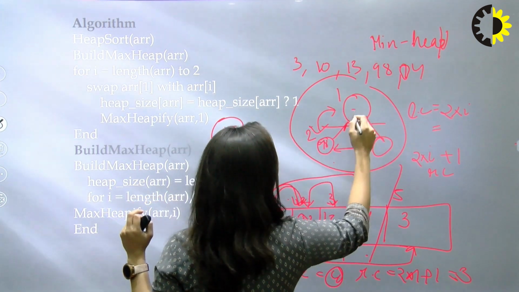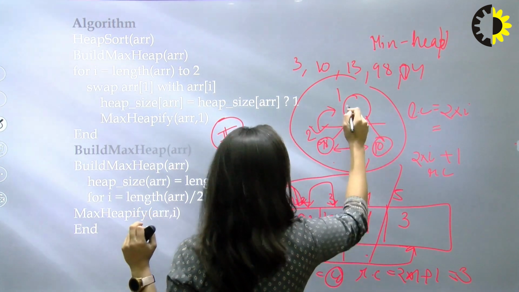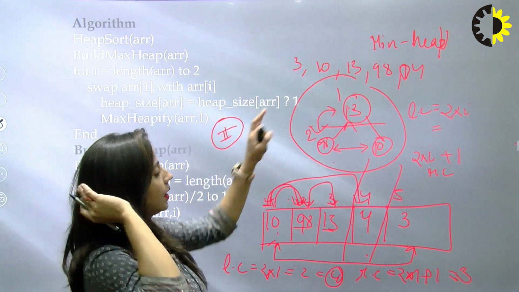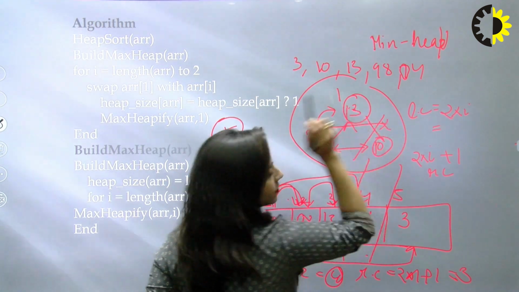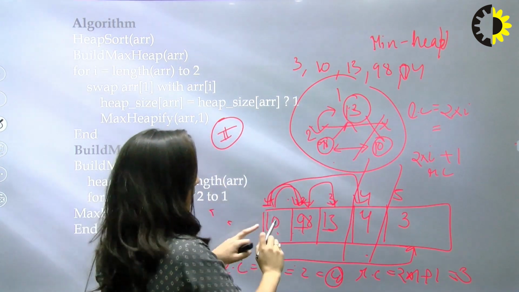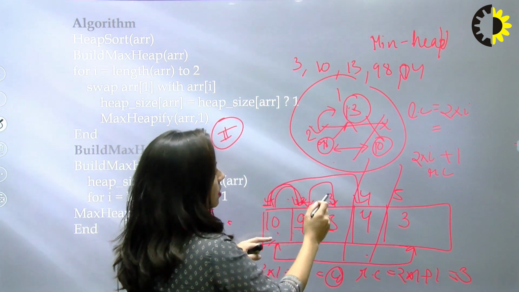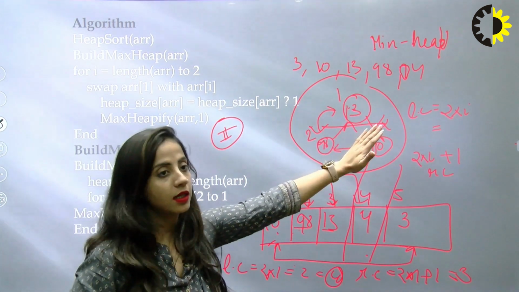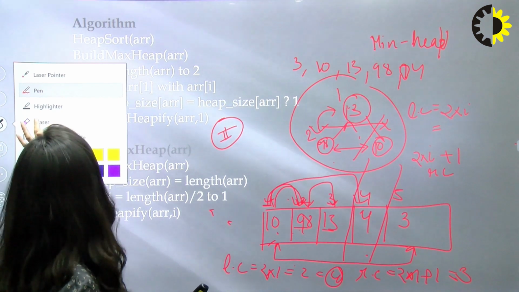Now 10 will be replaced here and 13 will be here. Okay. Now consider this node deleted. Now the same thing we will perform here. We will do it in the array form later on. This node is deleted. This is my final tree, 13 and 98, right?